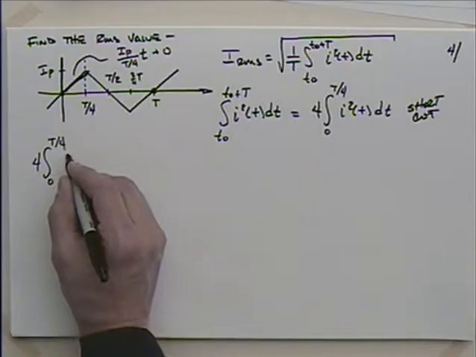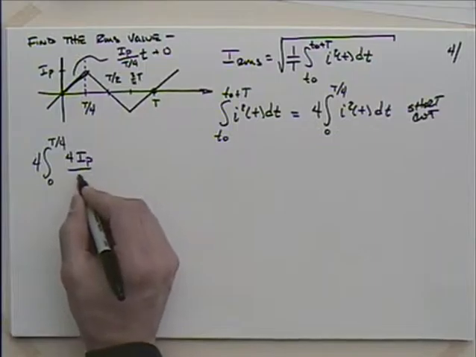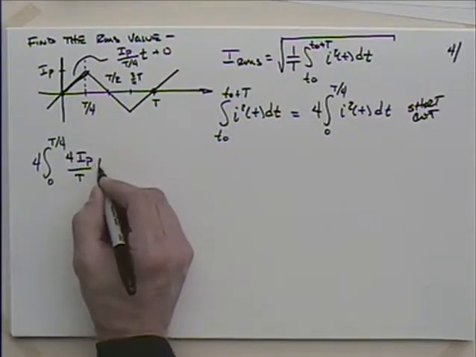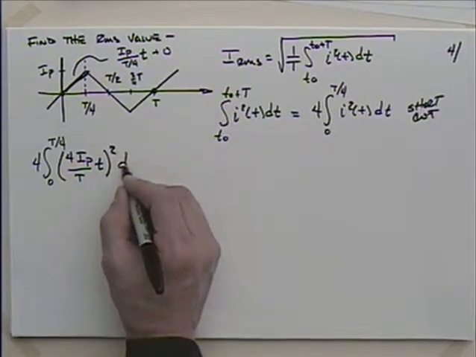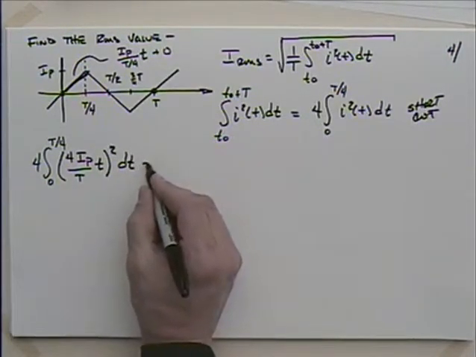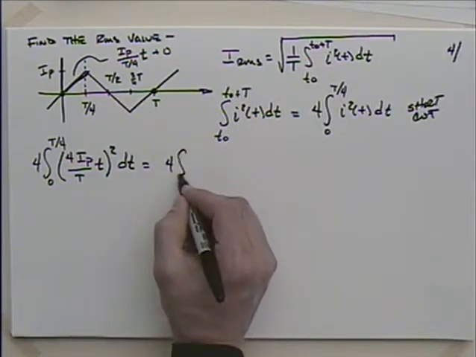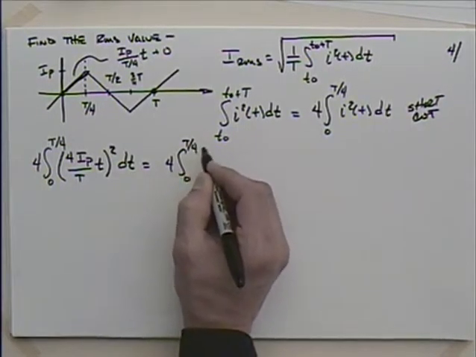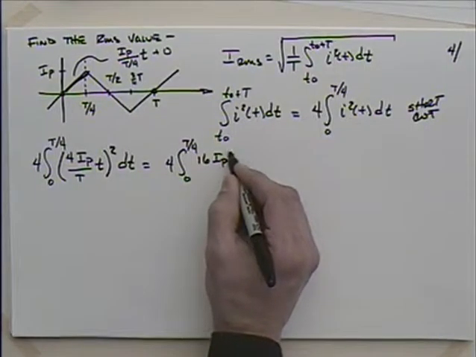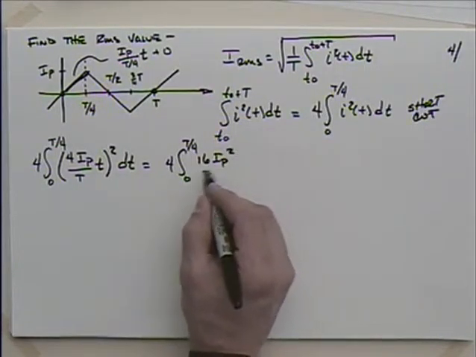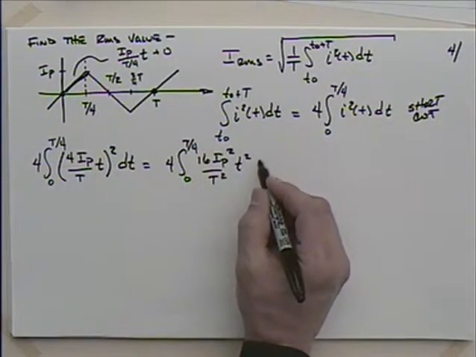4 times the peak value divided by the period times t. I'm going to have to square that, dt. So if I keep working my math here, what am I going to come up with? 4 times the integral from 0 to T over 4 of, I'll have 16, whatever my peak value is, squared, divided by the period squared, times t squared dt.